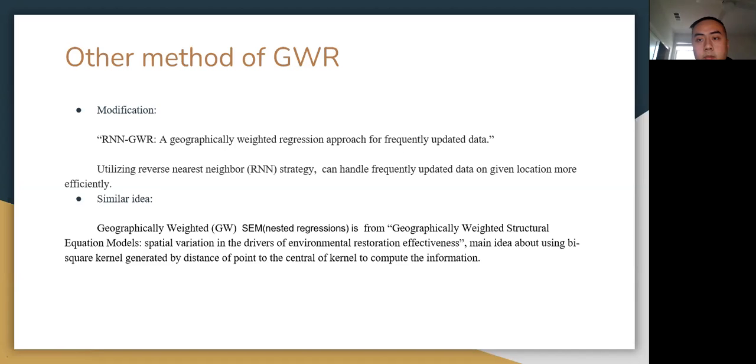As for the Akaike information criterion, it is based on information theory, which measures the goodness of fit. It is defined as 2 times the number of parameters, denoted by k, minus the logarithm of the maximum of the likelihood function. However, if the sample size is small, AIC may select a model with too many parameters, which causes overfitting.